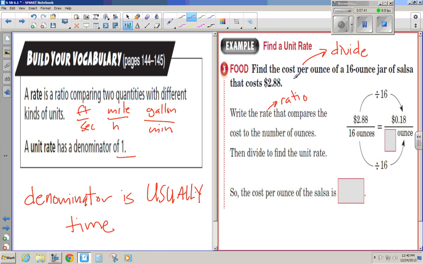So 288 is the cost, and there are 16 ounces. And when you divide by 16, you get 18 cents per 1 ounce. That means for every 1 ounce, you pay 18 cents.